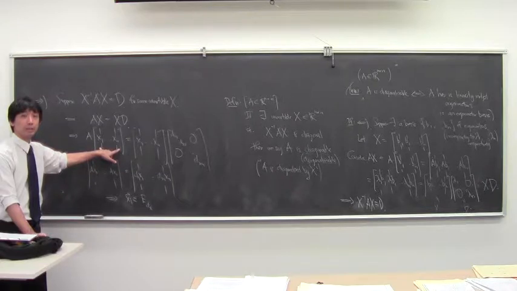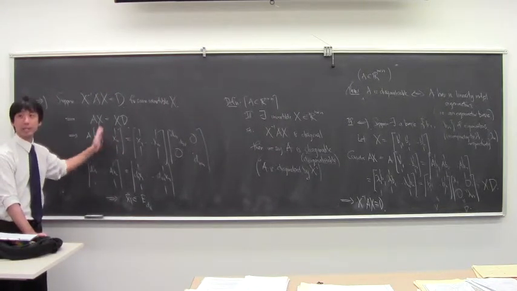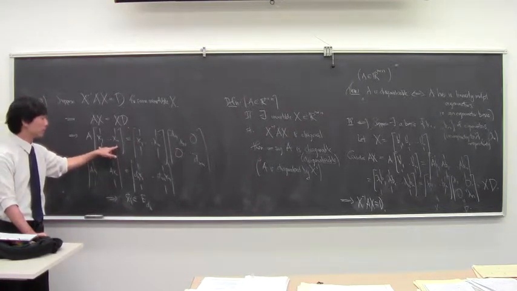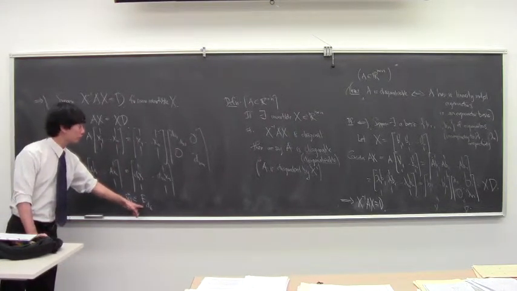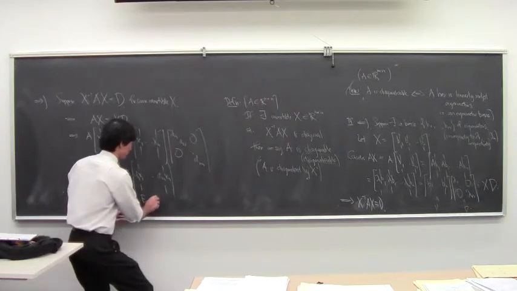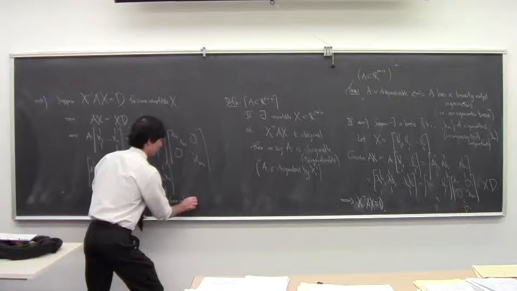Why did you know that? The xi's you knew from the beginning were a basis because X is invertible. So you know that these columns are linearly independent. So you've got n independent vectors, they form a basis. The thing that you needed was just one more fact, that they were also eigenvectors. So we have a basis of eigenvectors.